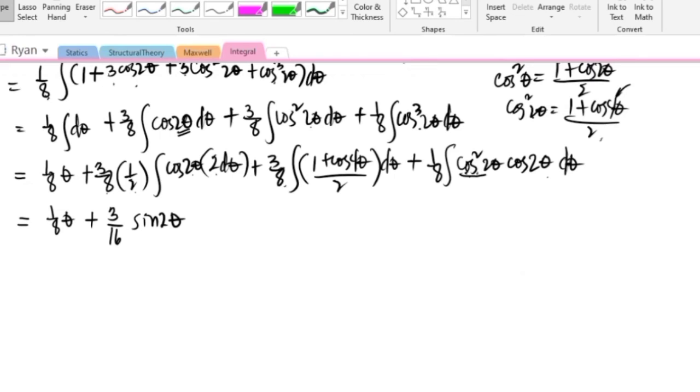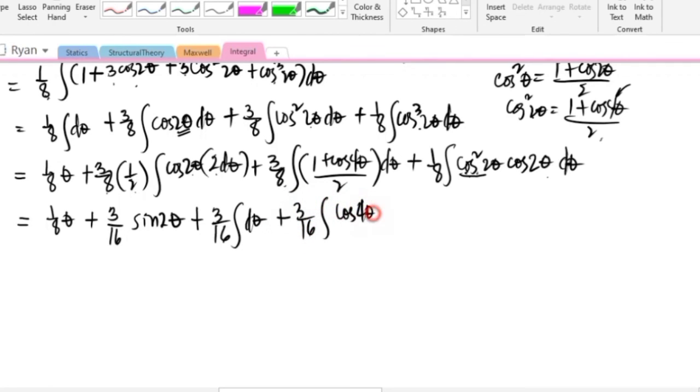Since the derivative of cosine v dv is sine v, so therefore we have sine 2 theta. Then we have here plus 3/8 times 1/2, so it's 3 over 16 integral of d theta plus 3 over 16 integral of cosine 4 theta d theta plus we have 1/8.